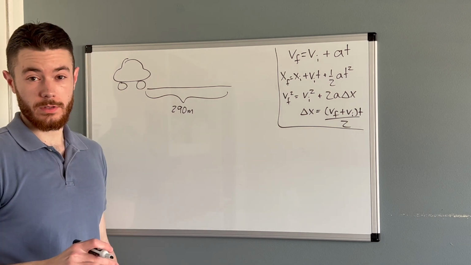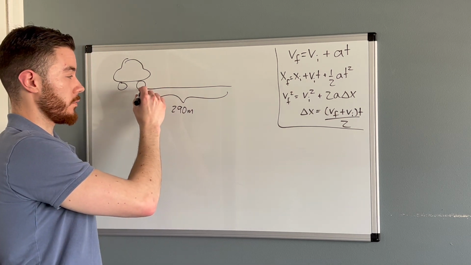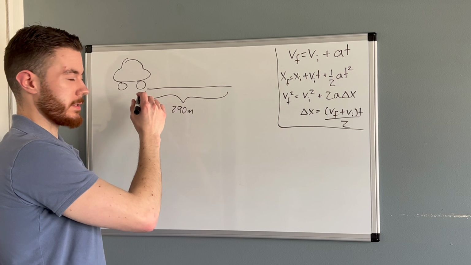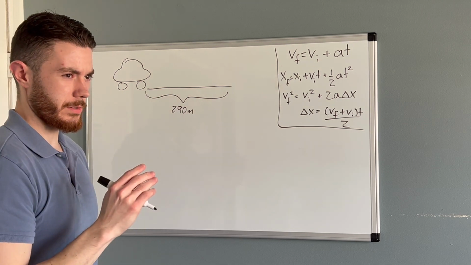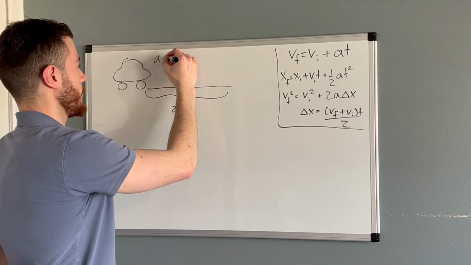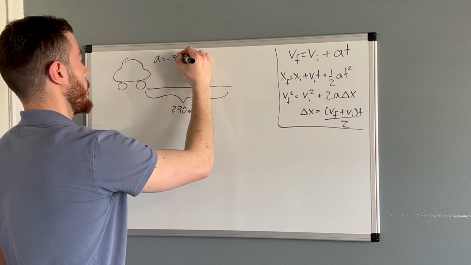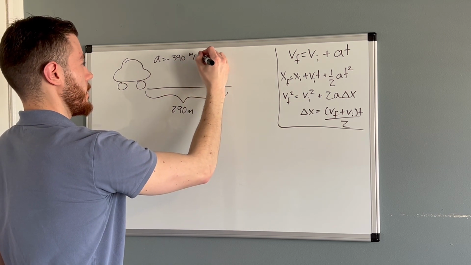The problem also tells us that this right here is when the car applies the brakes, and the brakes are going to provide a constant acceleration of negative 3.90 meters per second squared.